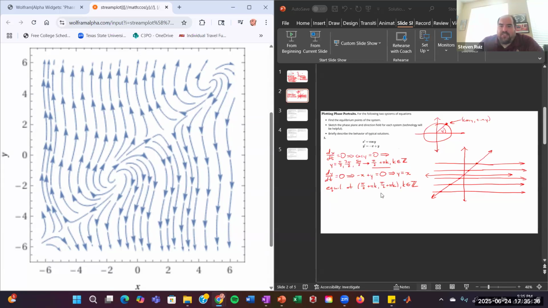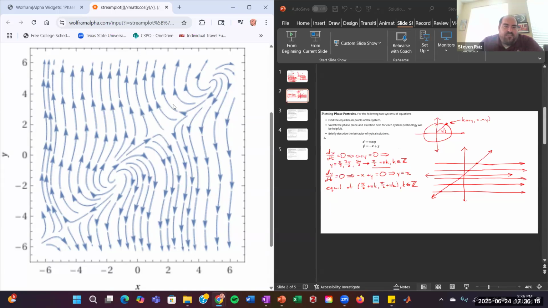We identified an equilibrium point as pi over 2, pi over 2. So where is that? About 1.5, 1.5. That's about right here. I was going to say it's deeply unstable, but maybe not totally, because it looks like if you're coming from below and to the left, you're being filtered into this point.